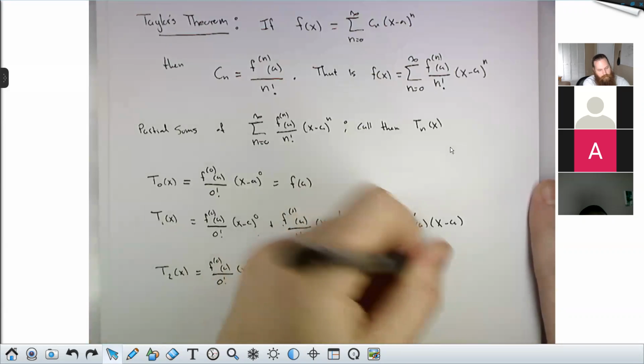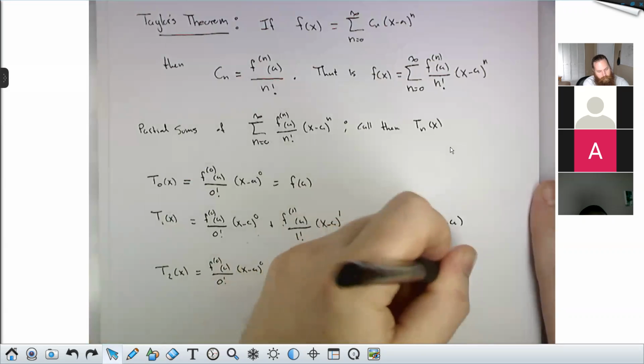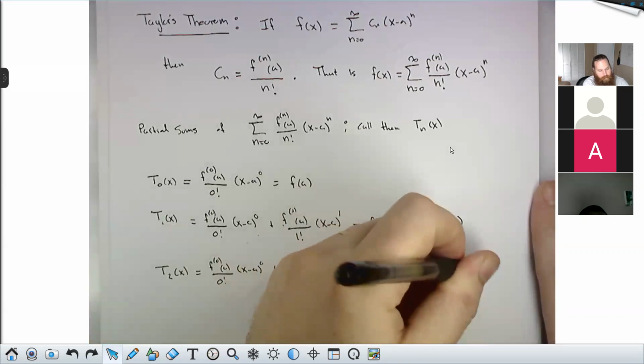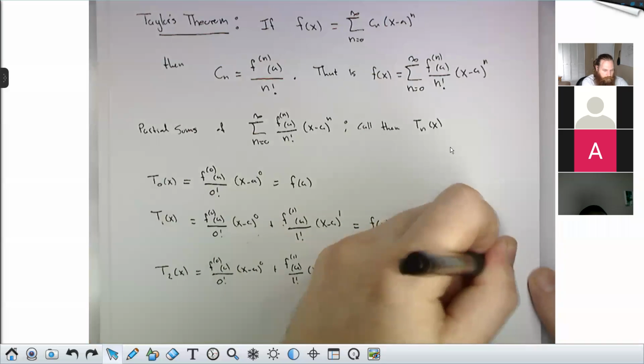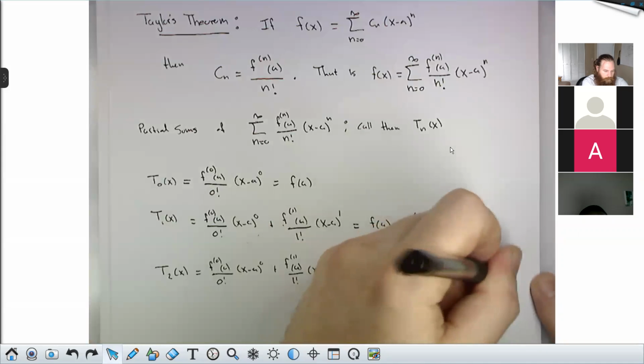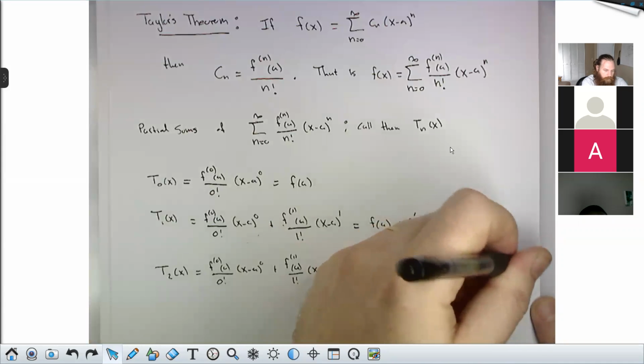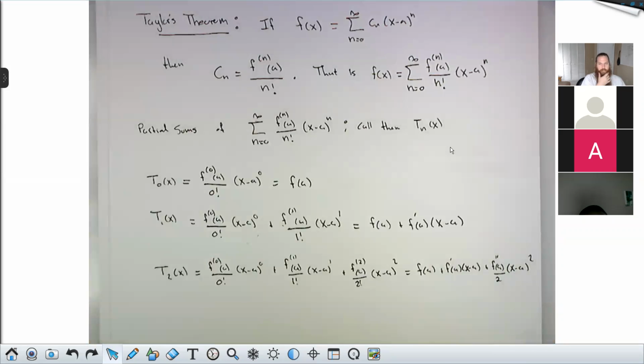That's f of a plus f prime of a times (x minus a) plus f double prime of a over 2 times (x minus a) squared. These are just the first few partial sums.